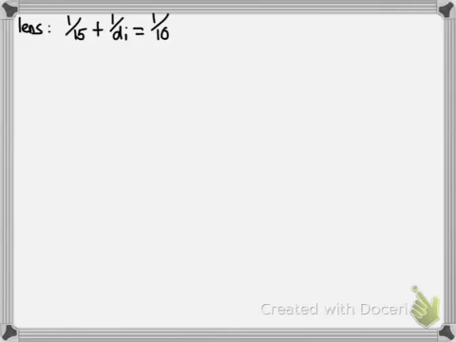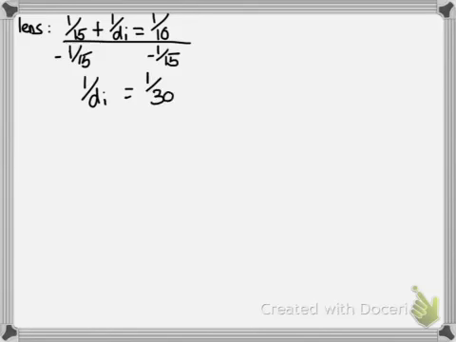Subtract 1 over 15 on both sides, and you're left with 1 over dI is equal to 1 over 30. So dI is equal to 30.